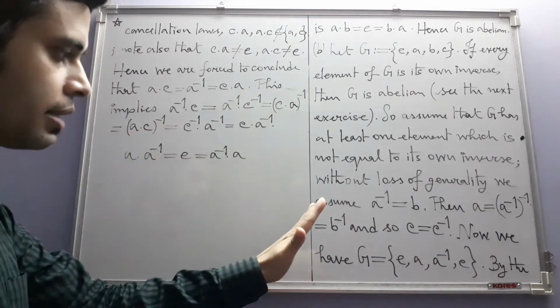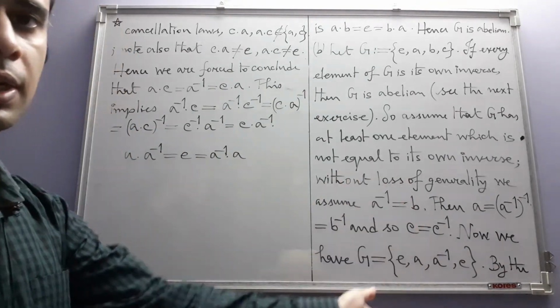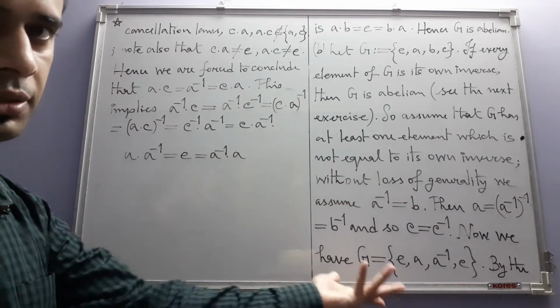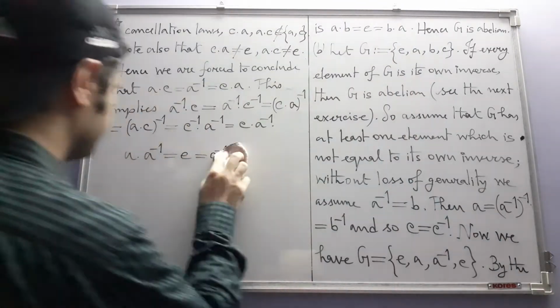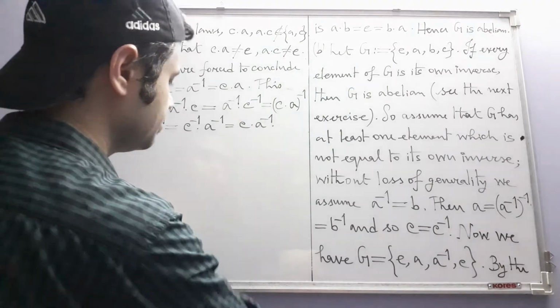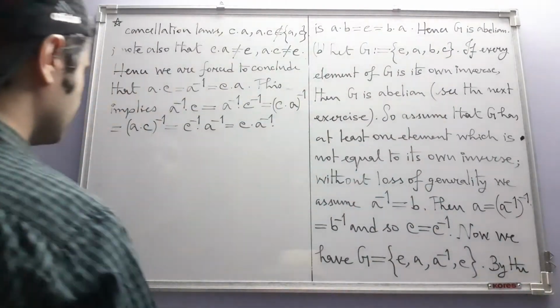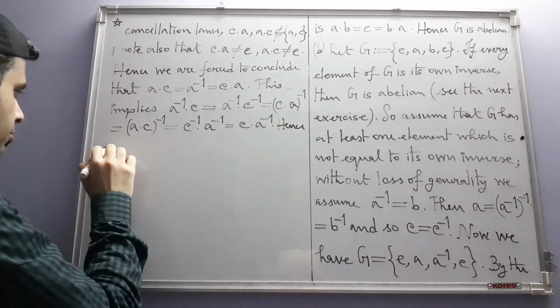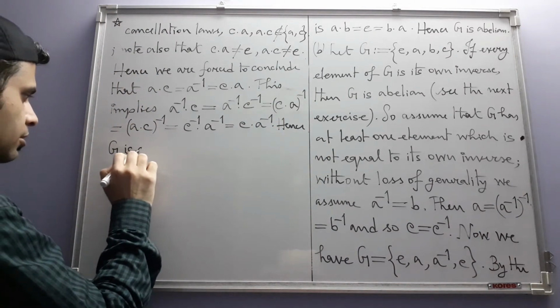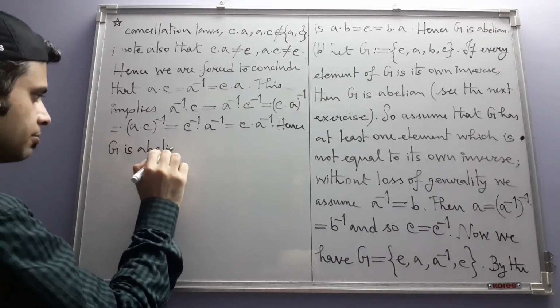So for us now, every element commutes with every other element, and as such, hence G is abelian.